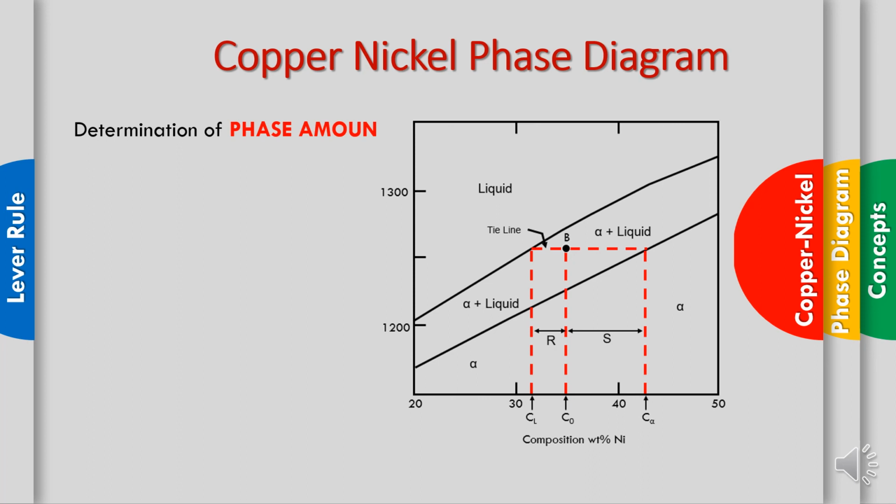And then for determining the phase amount, basically the amount of composition, whether in weight percent of nickel and copper. So basically we will look at this intersection point. We have Cl, Co, and C alpha here.